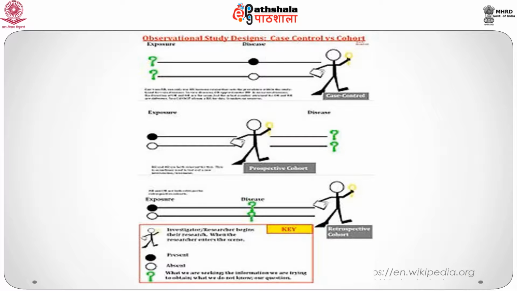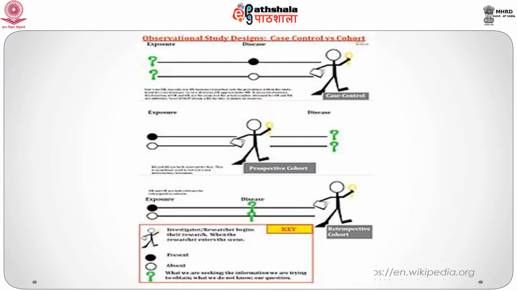So note that we have three sets of graphics, and in each of the graphics we observe black and white dots corresponding to exposure. We observe question marks corresponding to the occurrence of the disease, and we also observe a stick figure of the investigator.